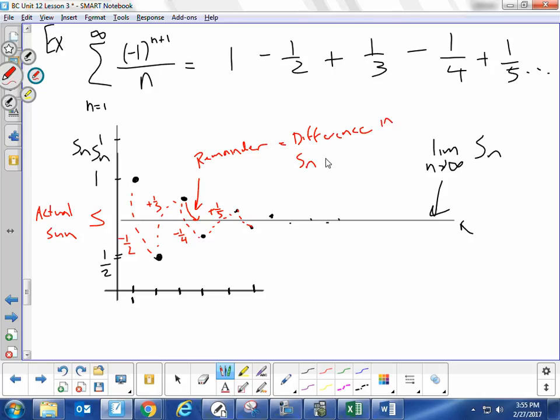It's the difference between my partial sum and my actual sum, which is S. And that actual sum is right here. We can see visually, and this would be equal to the limit as n approaches infinity of my partial sum. Okay?